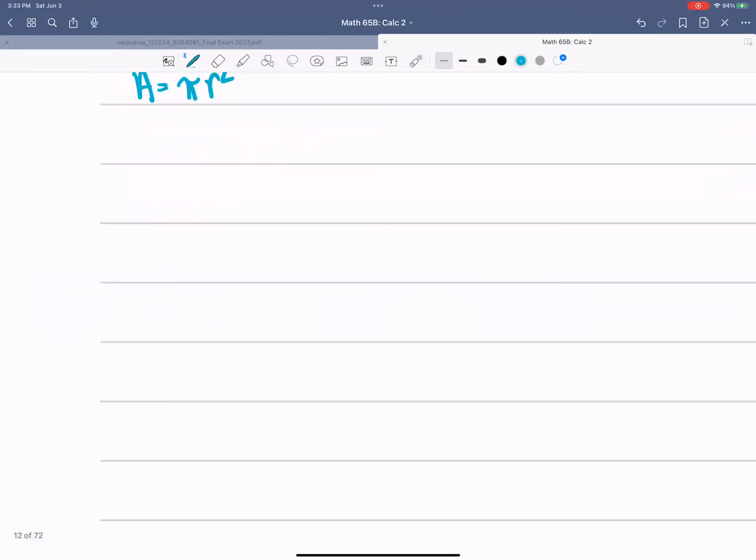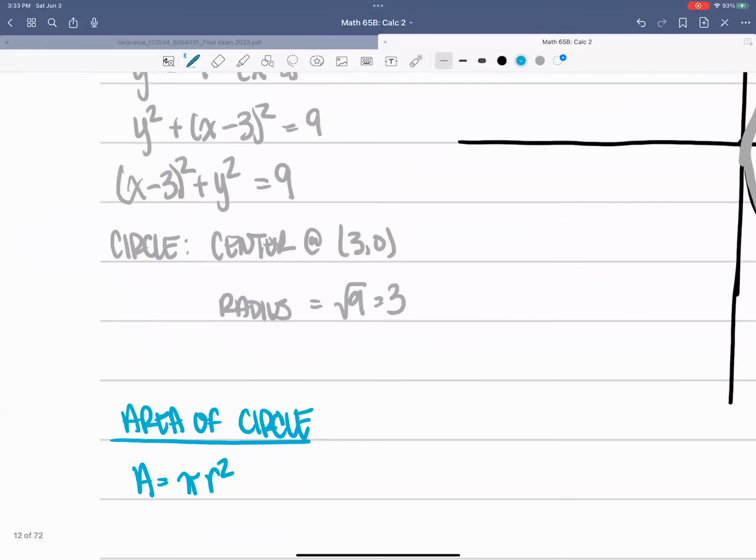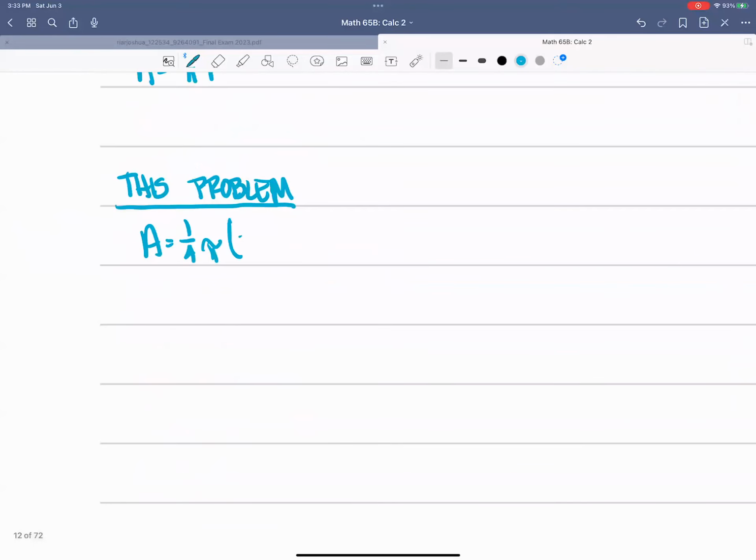Now for this problem, what we're looking at is the area of 1/4 of that circle. So 1/4 pi r squared, where r is 3, as we found earlier. 3 squared, so that ends up being 9/4 pi.